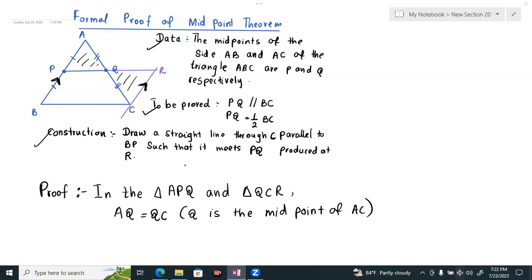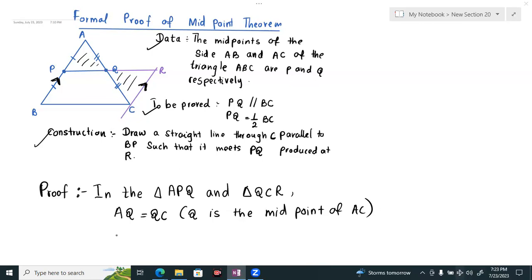Can you tell me one element to make these two triangles congruent? QCR. Yes, QCR and what? PAQ.